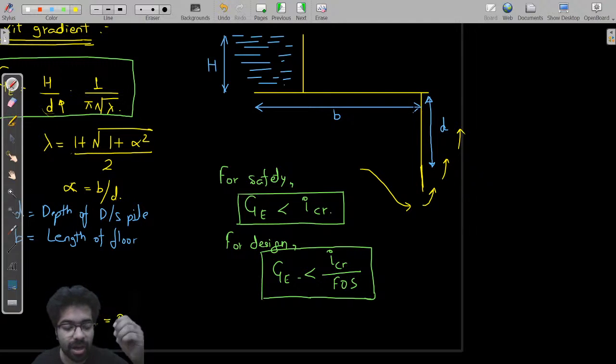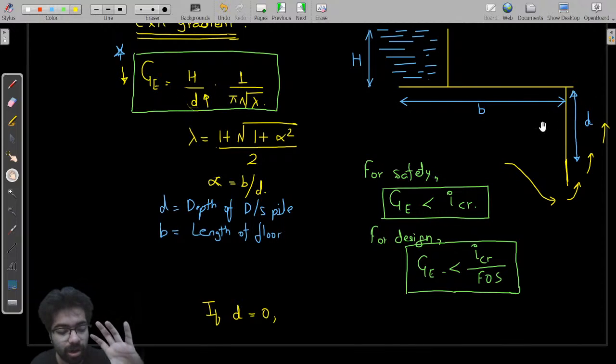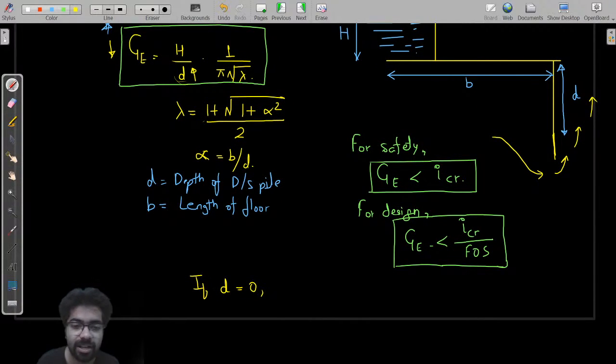But if you are not providing any D, what will happen? Put D as 0 here. Tell me what will be the value of exit gradient. Sir, in such a case, exit gradient will tend to infinity, and this is a disastrous case.